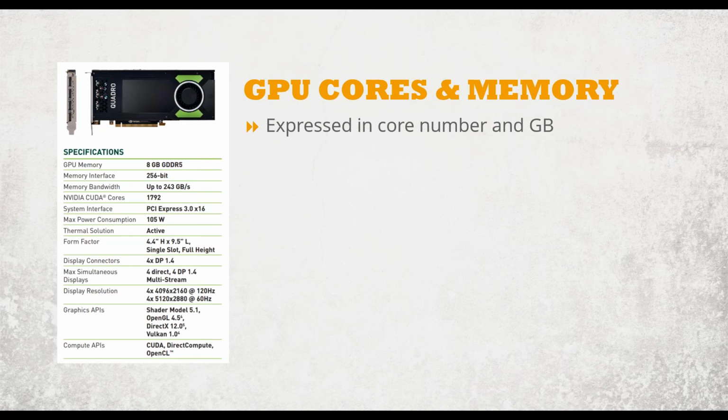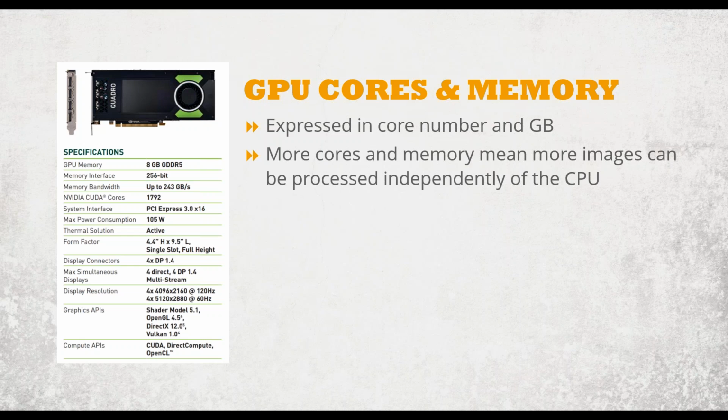Here we can see this is an 8 gigabyte GPU, and there's some more things that we can look at when it comes to the memory. You can also see that this one has 1,792, or very nearly 1,800 processing cores that will be operating in parallel to stream images to the screen. So this is a fairly robust graphic. It's actually a Quadro 4000 series, a fairly robust GPU.